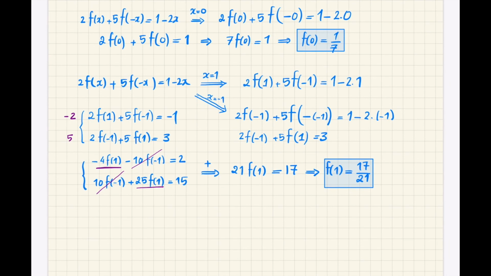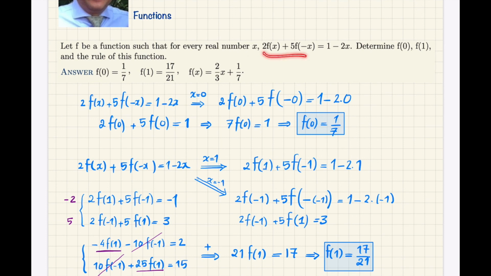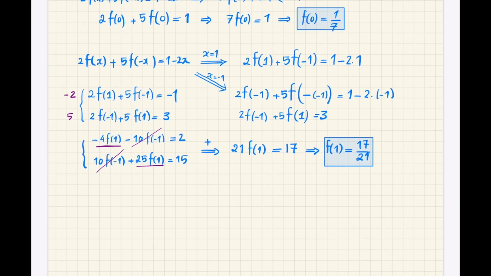The idea is the same. So let me start from this equation again, which was given in the problem. What I would say is that this is valid for all choices. So I have 2f of x plus 5f of minus x equals 1 minus 2x.